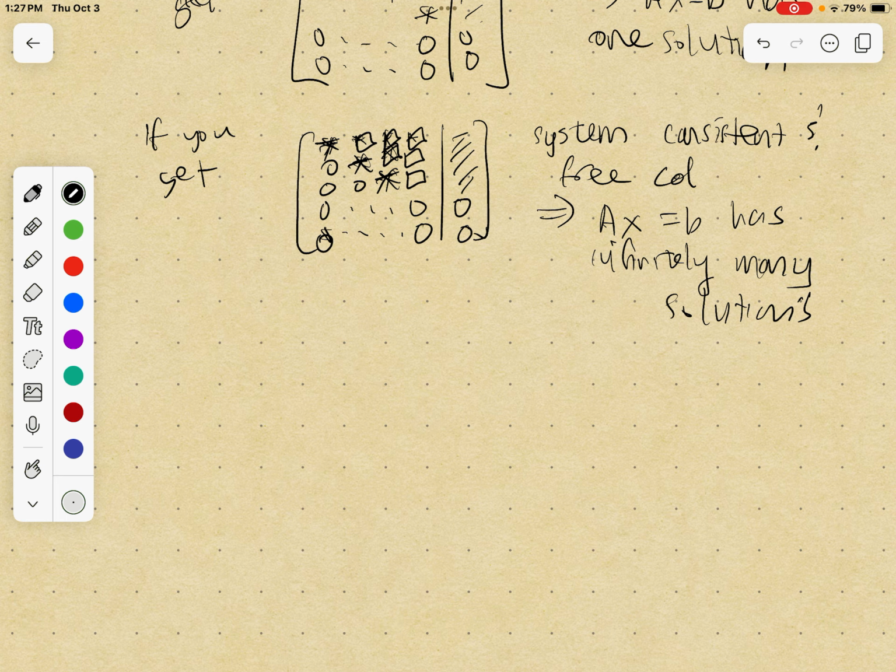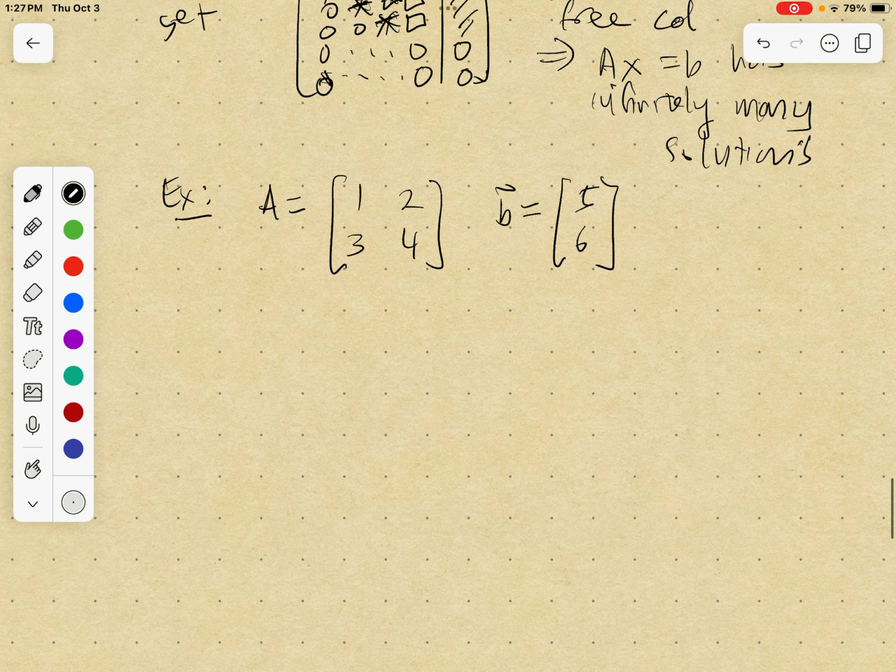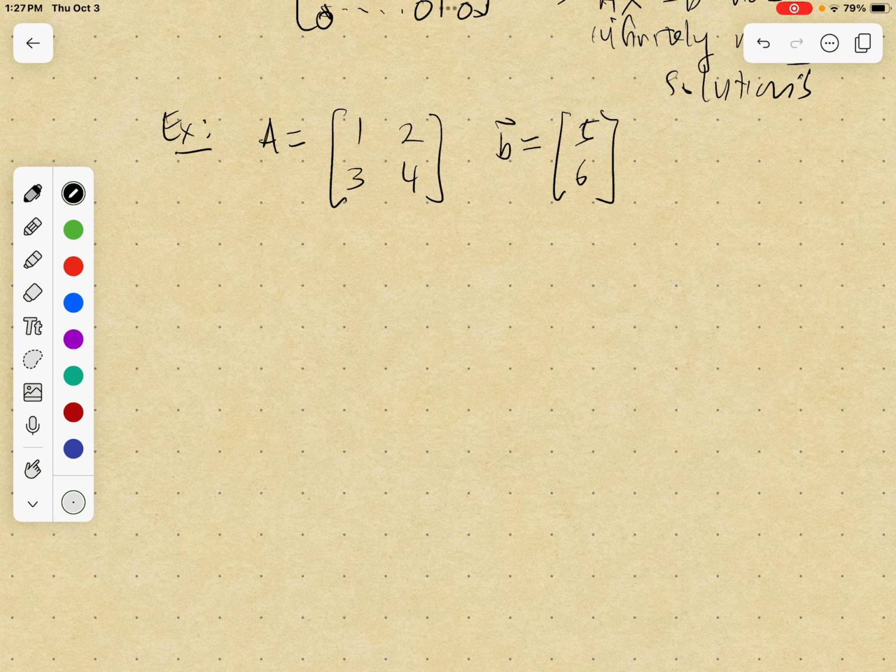So let's look at an example. Let's say that you have A equals 1, 2, 3, 4, and b equals 5, 6. Does Ax equals b have a solution?